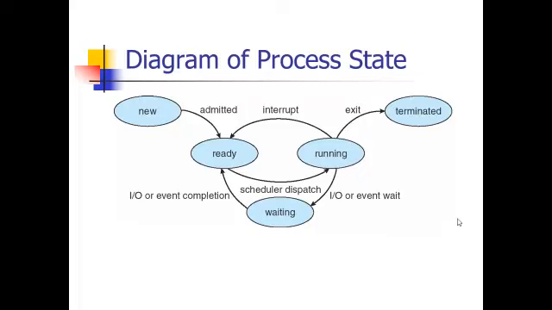So a CPU can execute only a single process at any given time. So there will be multiple processes which are ready to use the processor. So how does the operating system manage these multiple processes using a ready queue?